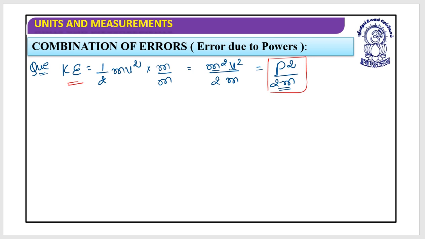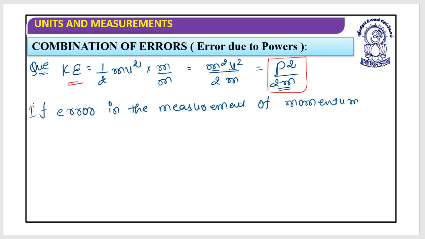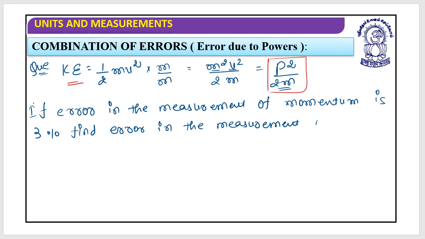Now, listen to the question. If the error in the measurement of momentum is 3 percentage, find the error in the measurement of kinetic energy.